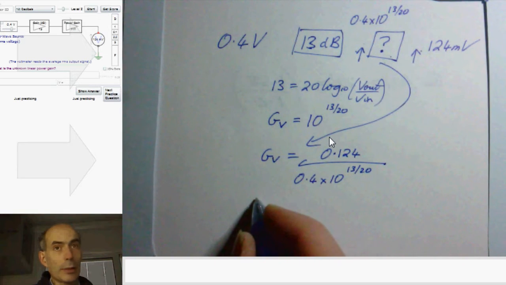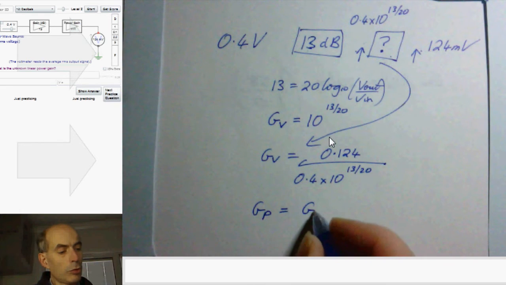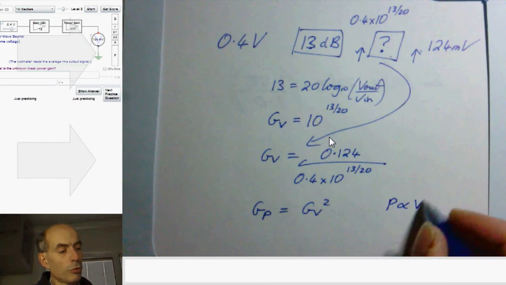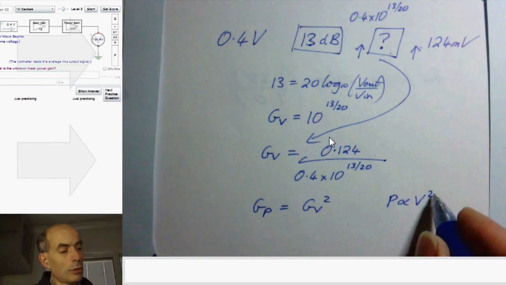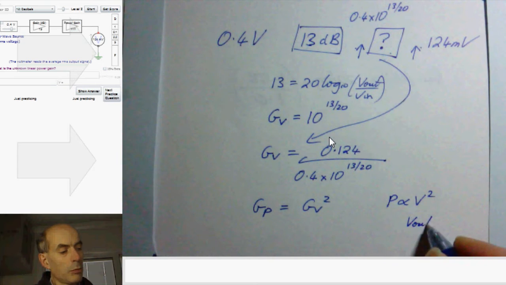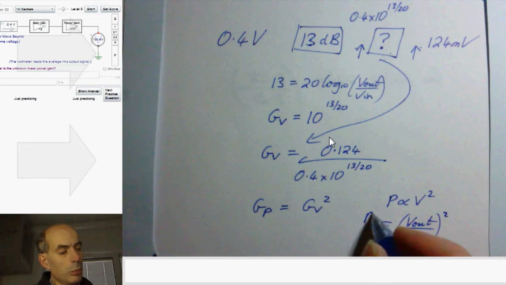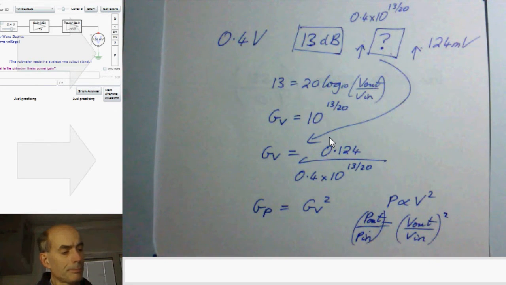But remember the power gain, I'll write it as GP, that is the voltage gain squared. Since the power is proportional to the square of the voltage, the voltage gain, which will be V out over V in, if I square that, I will get something that must be equal to P out over P in. And that's the power gain.